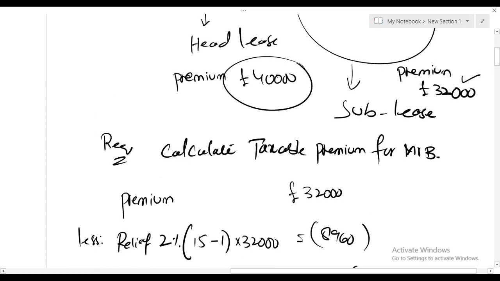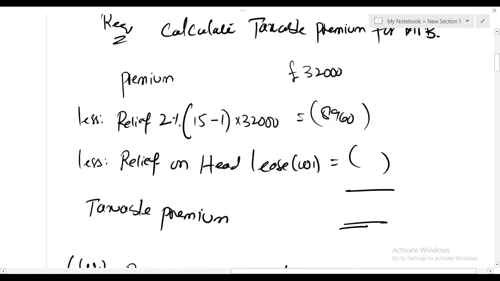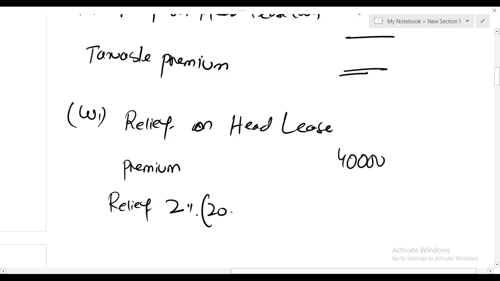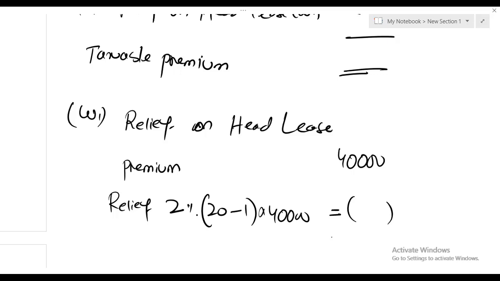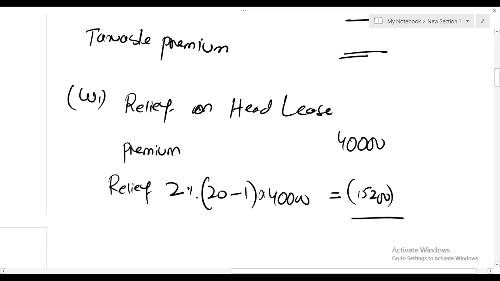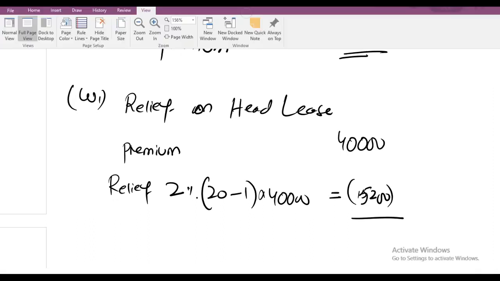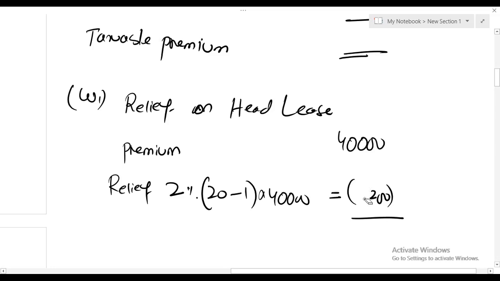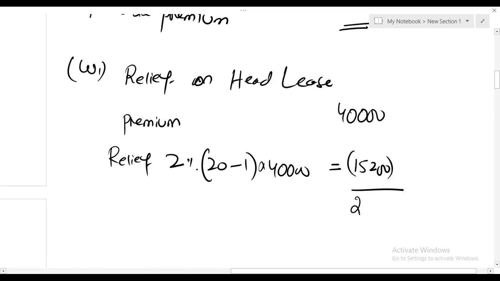The time period of the head lease is 20 years, so 20 minus 1 into 40,000 gives 15,200. If I deduct 15,200 from 40,000, I'll get 24,800.